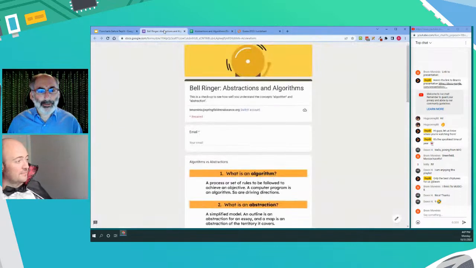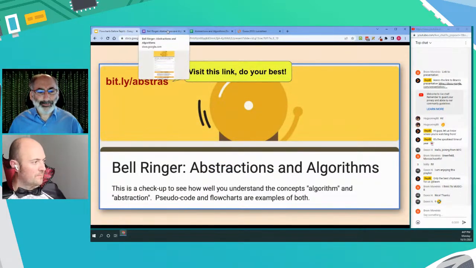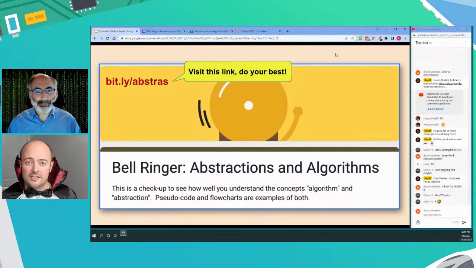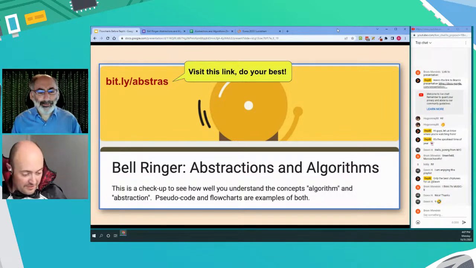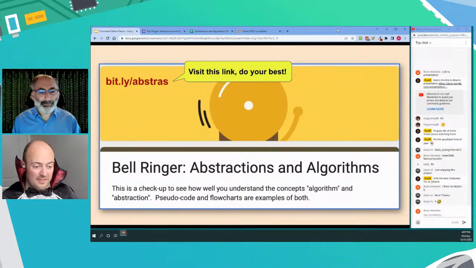And if you click that, it's going to look like this. So these bell ringer activities, Bram, for those that are tuning in because they're interested in the tutorial jam, for instance, these are things that we use in teaching to give people something to do when they get started, aren't they? And also to get your head in the right frame of mind.